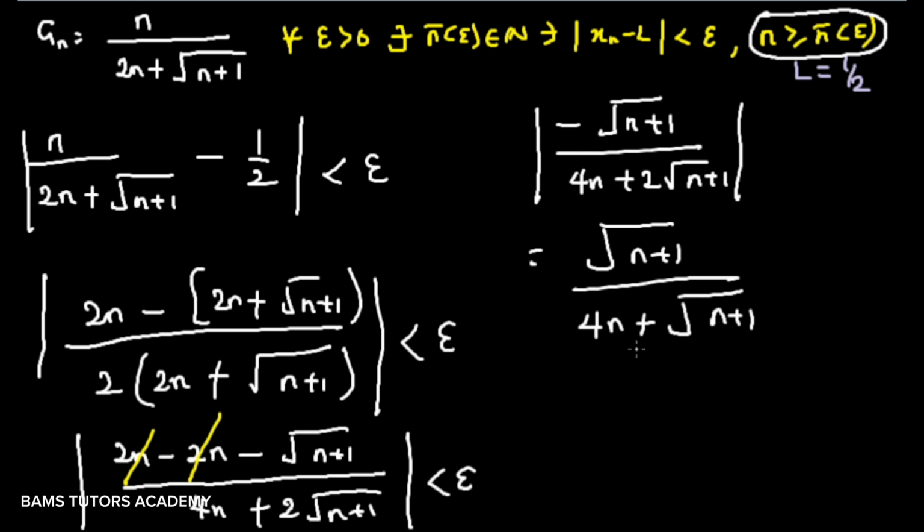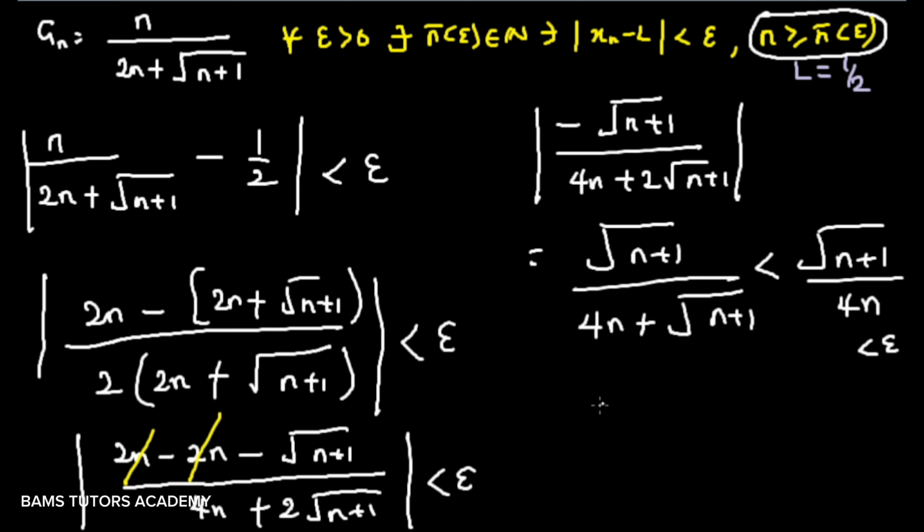Now I can remove an addition from the denominator, so it is less. So this is less than the root of n plus 1 over 4n, and this is less than epsilon.